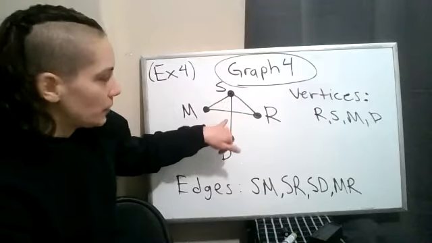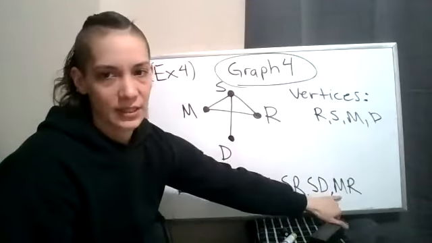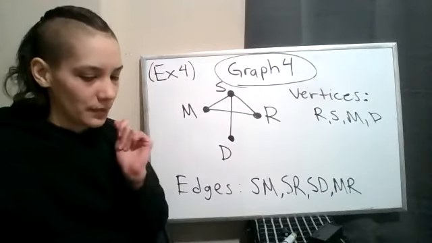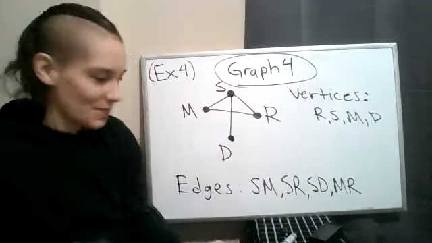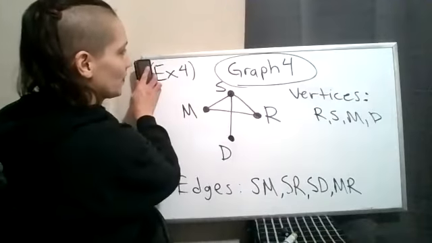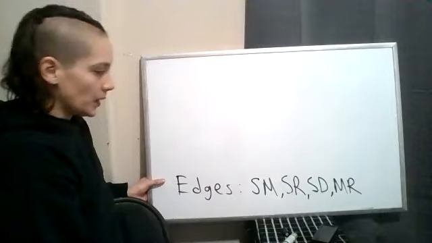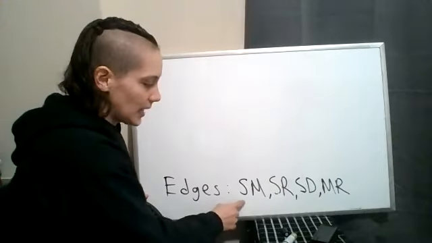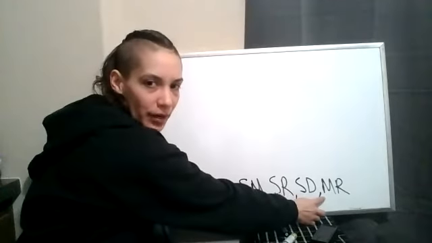There's 1, 2, 3, 4 edges, and I've got 1, 2, 3, 4 in my list. So if you're still writing it down, it's SM, the next one is SR, after that SD, and MR.